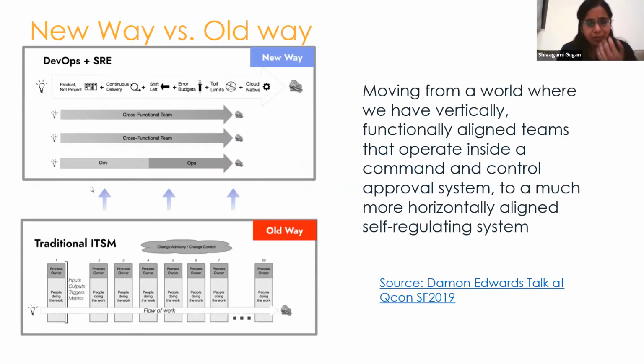Now, just a very small topic. In the ITSM world, it's all verticals, right? ITIL gave us a lot of great fundamentals. SLA, SLO, OLA, these all came from ITSM.